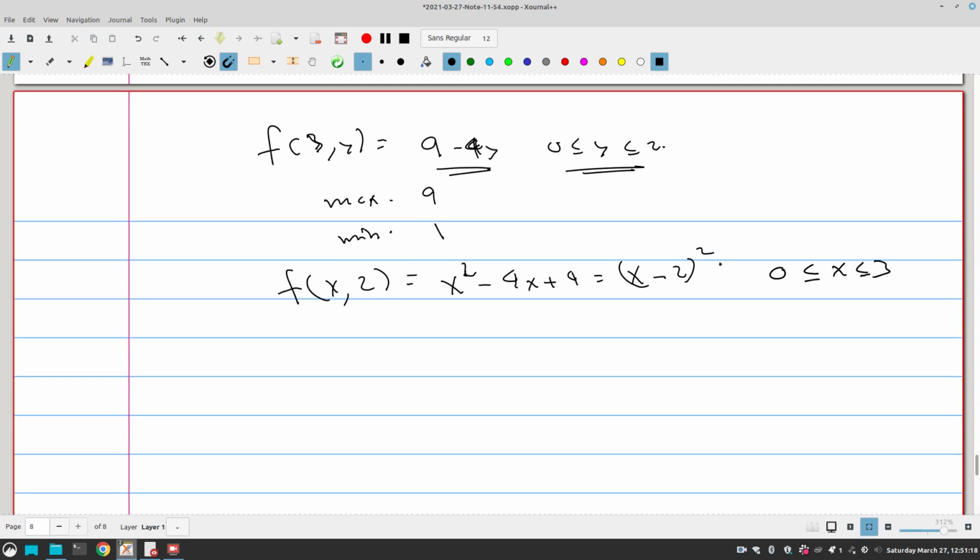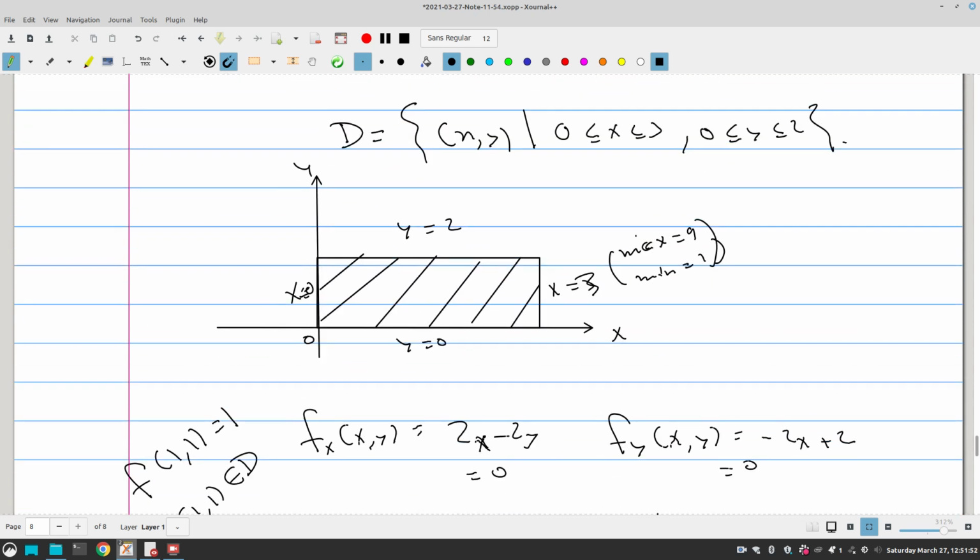So the maximum value is when the absolute value of x minus 2 is the highest. At 3, 3 minus 2 is 1. Actually, 0 minus 2 is minus 2, squared is 4. The maximum value is 4, and the minimum is, of course, 0. So here max is 4, minimum is 0.